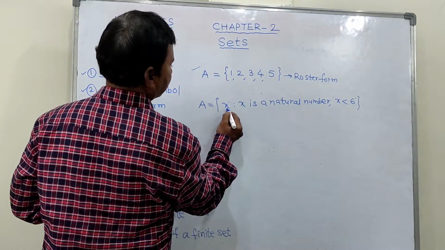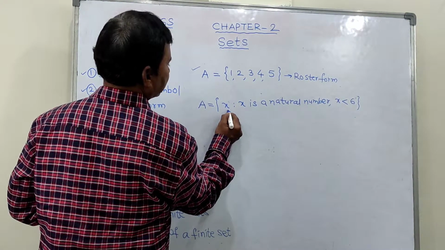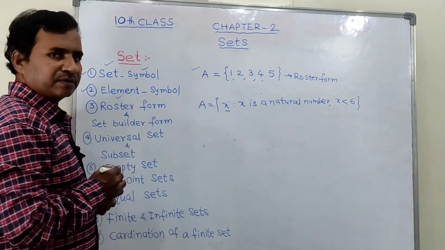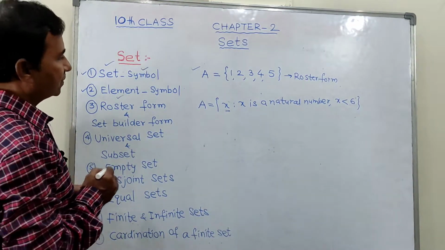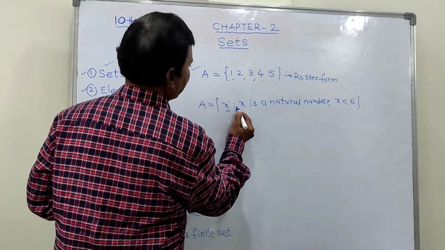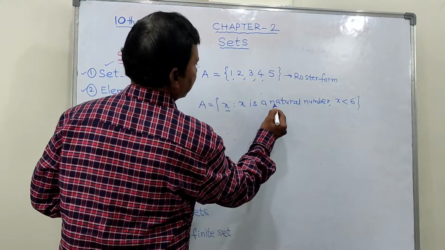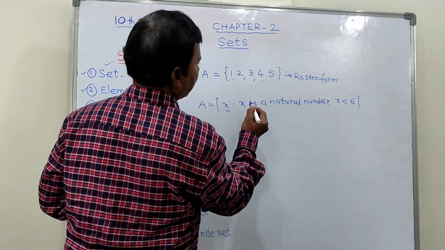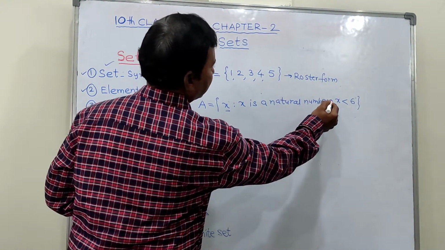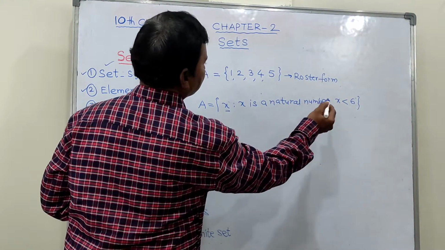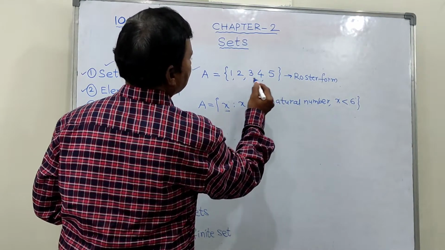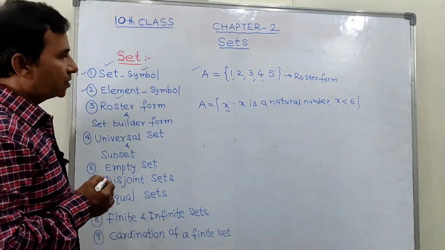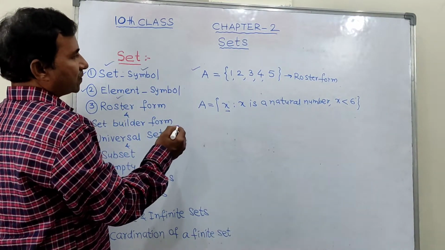For all x means this is the first term represented for all the terms of x, such that every x is a natural number. If you see, every number we are seeing like a natural number, and x is less than 6. 6 below we have all the natural numbers. So, the way of expressing is different.